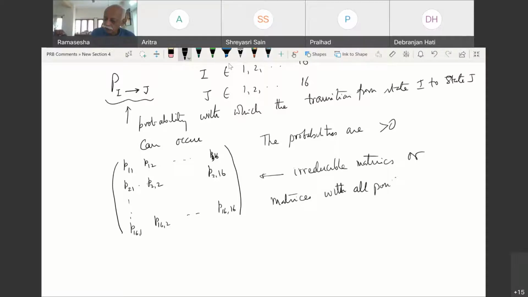Matrices with all positive matrix elements. And what can you say about the sum of each row?